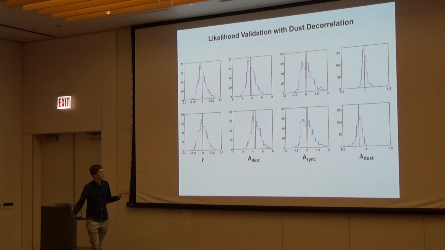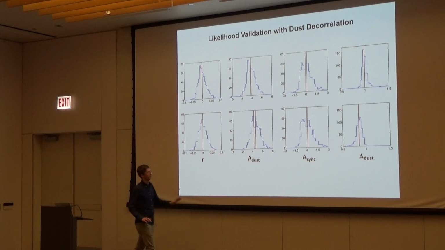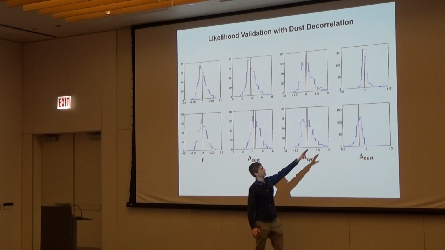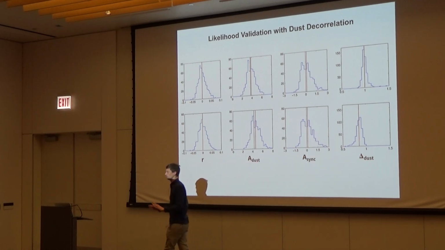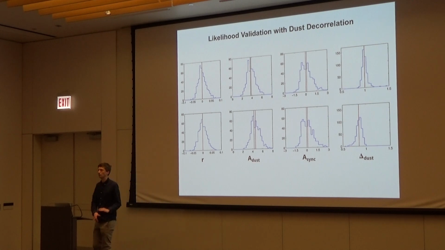We did test this in a validation where we allow this unphysical behavior of decorrelation values greater than 1. In that case, we can uncover unbiased results. So this is not a bias in our analysis, but really a choice about bounding this parameter in the physical region.